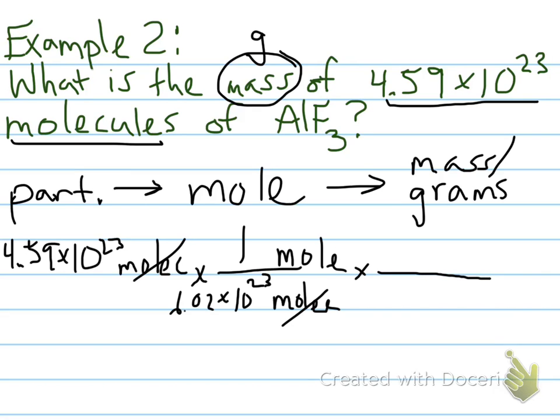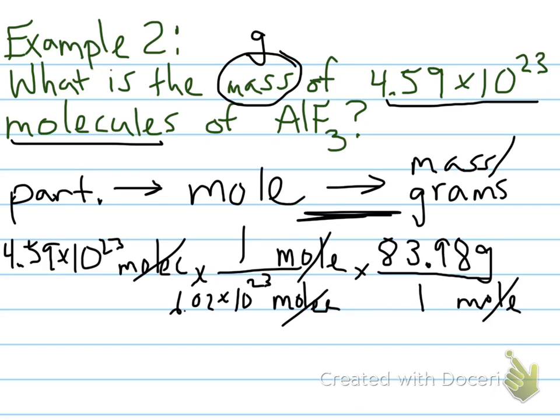And now I'm converting it into grams and doing my next step. Mole goes on bottom, so my moles cancel out, and grams will go on top. So there's going to be 1 mole, and remember, to get from moles to grams, we look at molar mass. On your periodic table, you need to find aluminum and fluorine and calculate its molar mass, which is 83.98, and then you just multiply across and divide by your denominators.